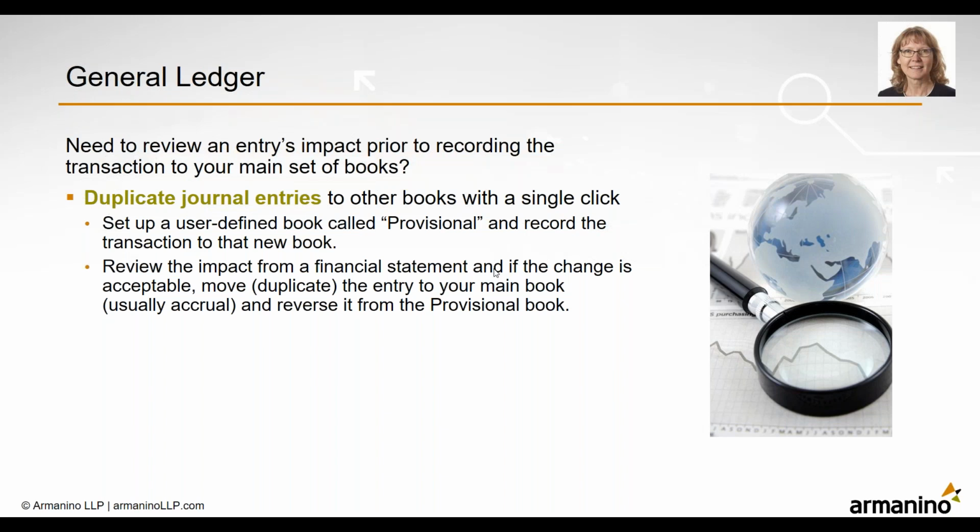So you can create a journal entry in your user-defined book, add that user-defined book to your financial report, review the information in the financial report, and if you like the entry, then you can go back to that entry in your user-defined book, duplicate it over to your accrual book or your main set of books, and then of course you could reverse it off of the provisional book. So it's a really nice feature that gives you visibility into entries before you post them, or simply lets you duplicate between one set of books and the other.